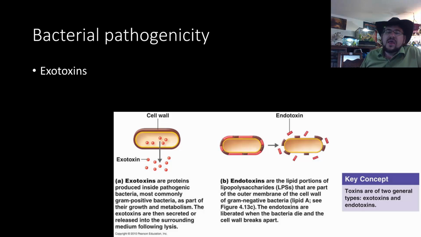Exotoxins, generally, are not active very long in the body. So the disease or the infection is sustained by the bacteria continuing to pump out more exotoxins. As long as the bacteria is pumping out exotoxins, the infection continues.